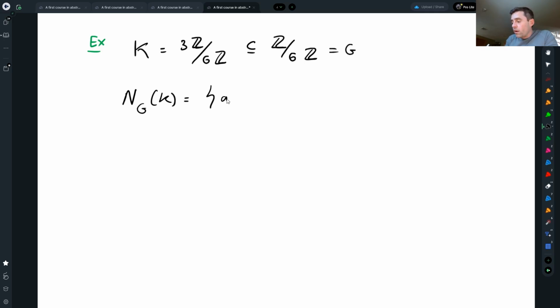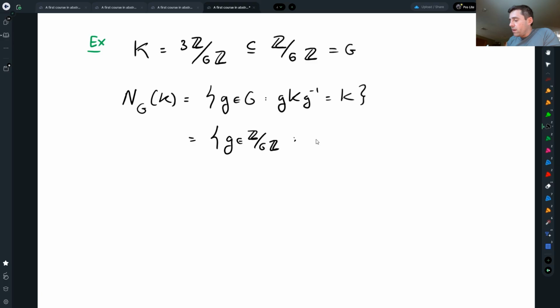Those will be, again, every g in G such that gKg inverse is all of K. But in this notation, we're doing groups under addition, so we're looking for classes in Z modulo 6 such that g plus K minus g is equal to K. But because everything commutes, that will be every single element in Z modulo 6.